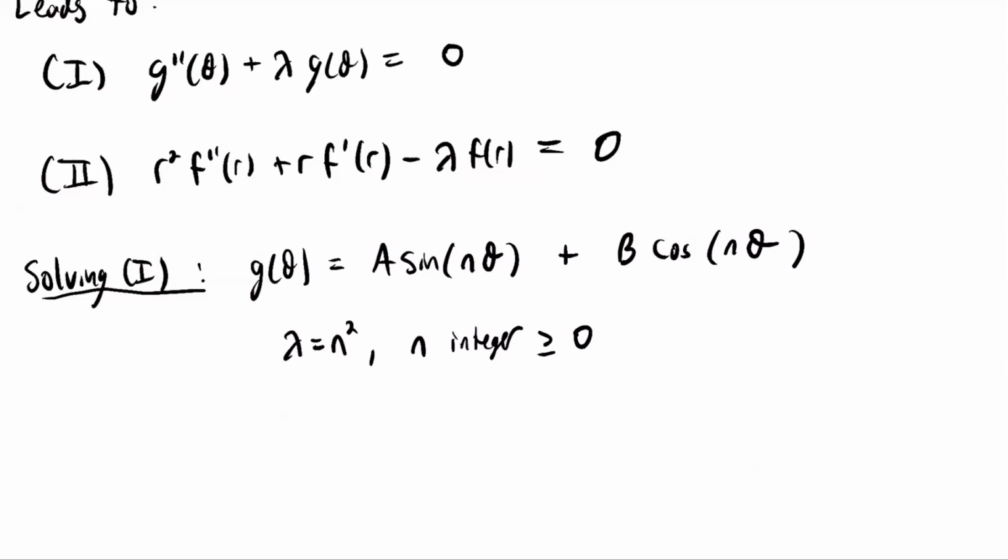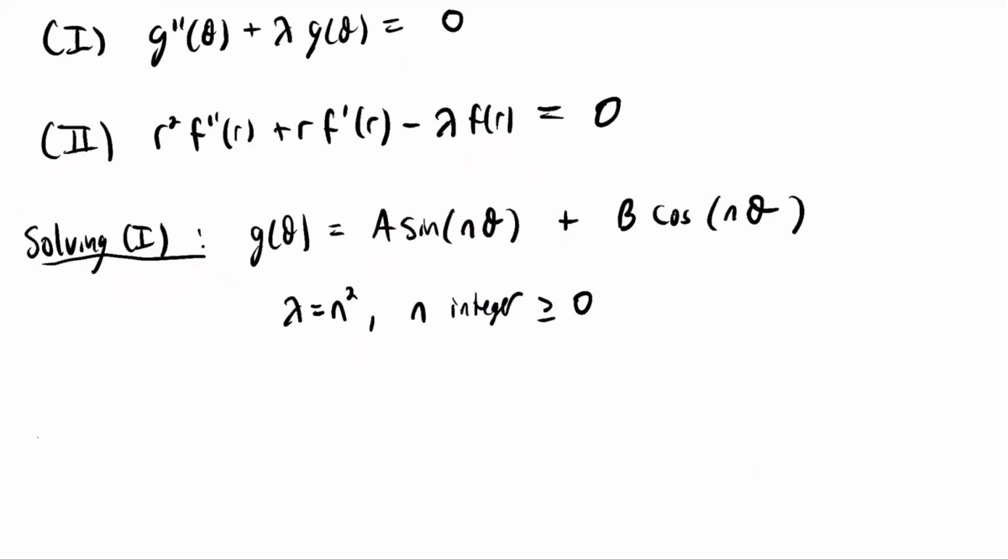Now let's move on to the second equation. This is a little bit harder to approach; you're not going to be able to solve it using some combination of sines and cosines, so we need another method.